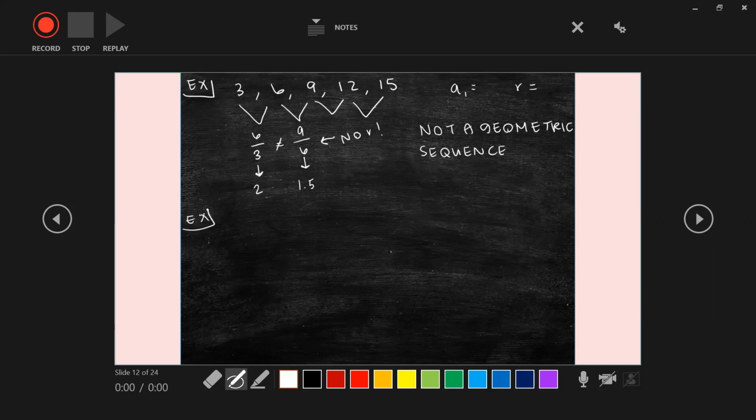So let's do another example. And you're going to have to think outside the box a little bit with this one, but I think we'll be okay. So let's say that we have 3 raised to the 5th power, 3 raised to the 10th power, 3 raised to the 15th power, and 3 raised to the 20th power.